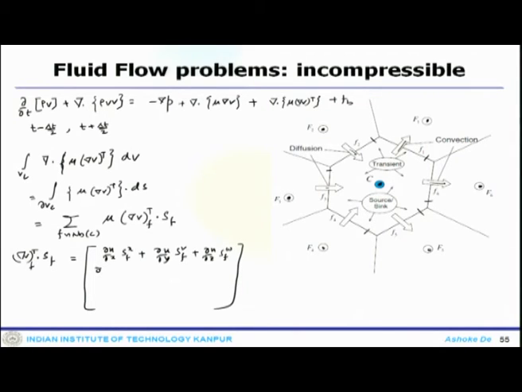Similarly, del v by del x Sf x plus del v by del y Sf y plus del v by del z Sf z, and del w by del x Sf x plus del w by del y Sf y plus del w by del z Sf z.